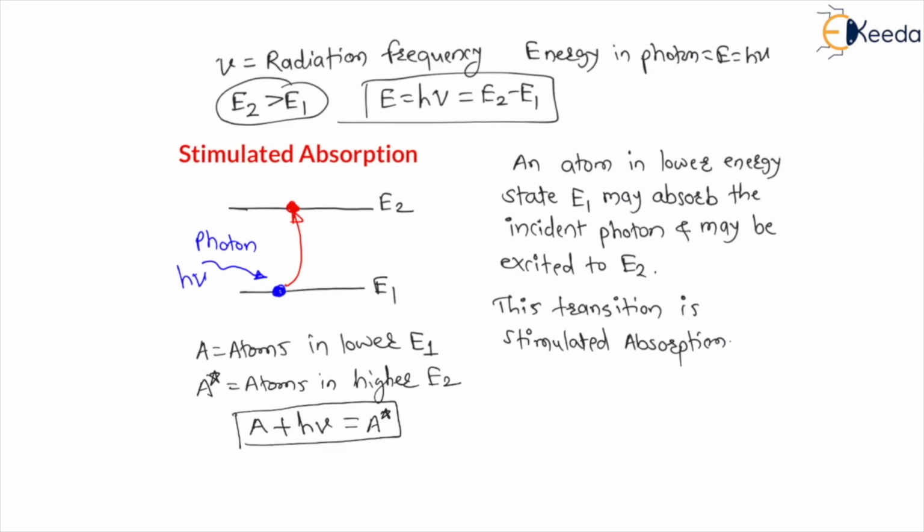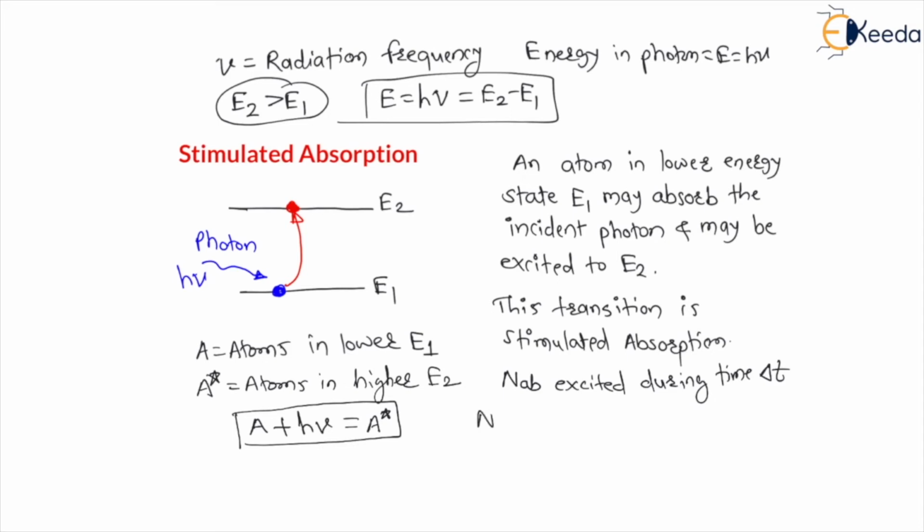Now if I want to write one more equation, let the number of atoms be represented as NAB, excited during the very small time period del t.